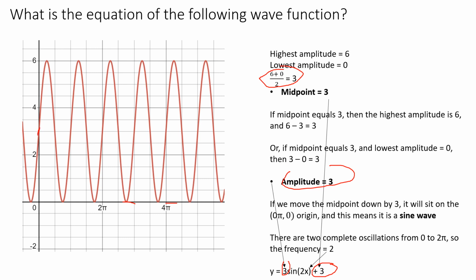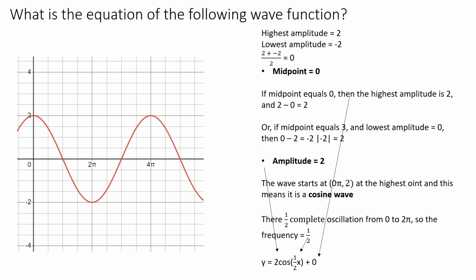It's up 3, so this is a sine wave. And here's 2 pi. It looks like there are 2 complete oscillations from 0 to 2 pi. That puts the 2 right there. So this sine wave can be written as 3 sine 2x plus 3.